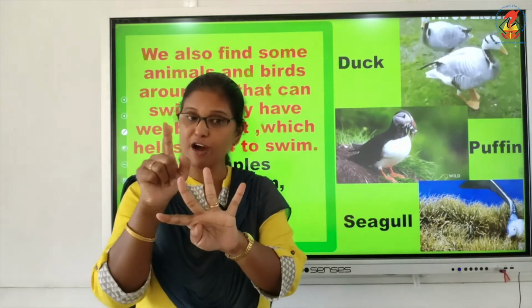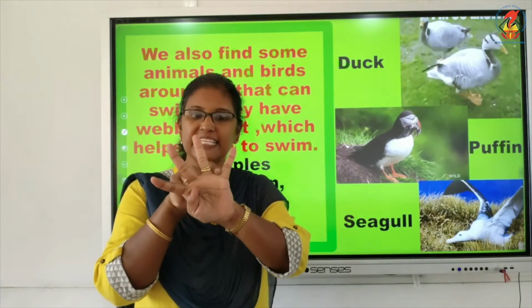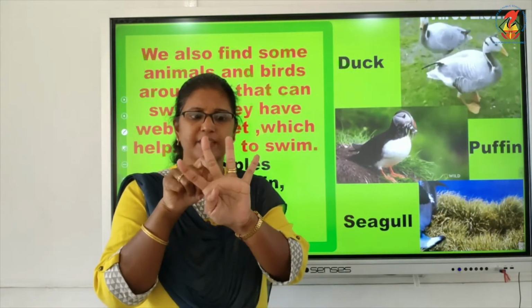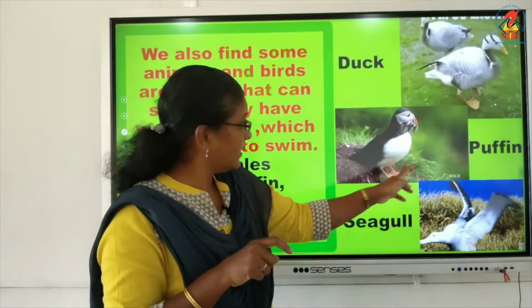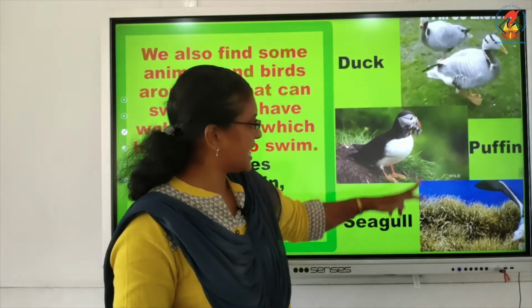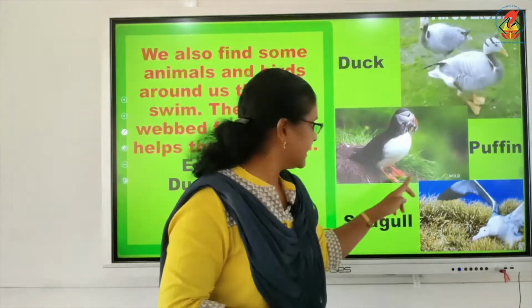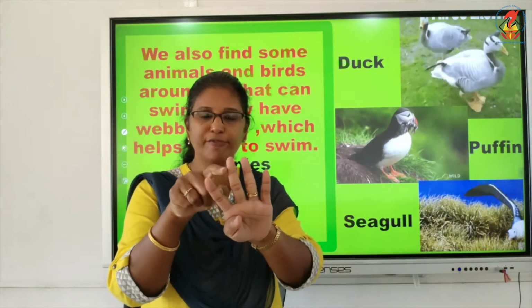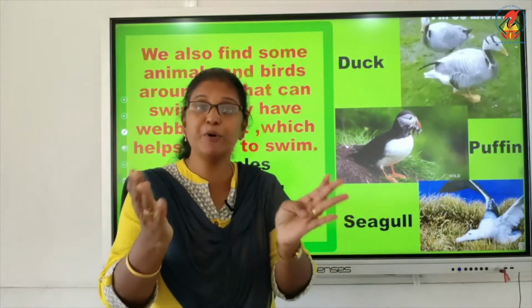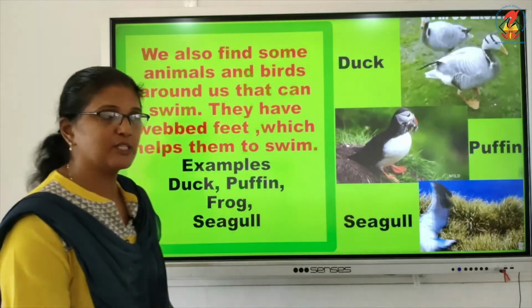If you see your fingers, you can see a light skin here, very little. But whereas these birds, puffin, duck, seagull and all, they have lots of skin. Skin is nearly till the end of the toes, so that they can push the water as they swim.